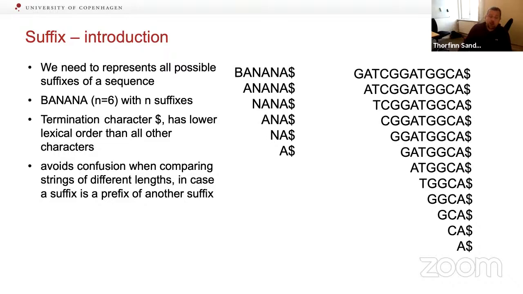Otherwise, a suffix might be a prefix of another suffix. For this example, if we're looking at the ANA, that is also what this one starts with. So this one would look like a prefix of another suffix, but if we put the terminator character here, then that is not the case, then there's no ambiguity.